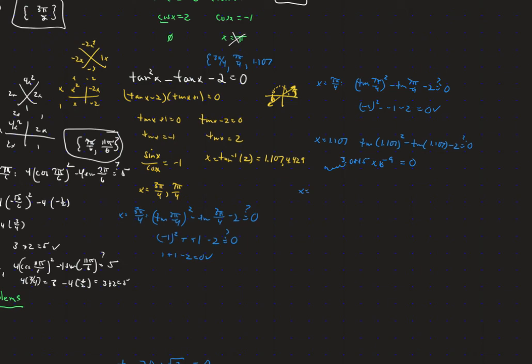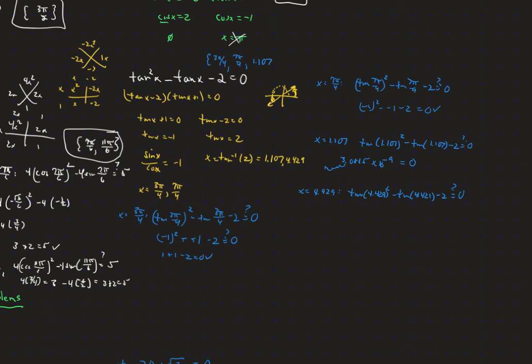So now we're going to test x equals, what did we say that other one was? 4.429. So we're going to again take the tangent of 4.429, square it, minus tangent of 4.429 minus 2, and see if that's going to be 0.